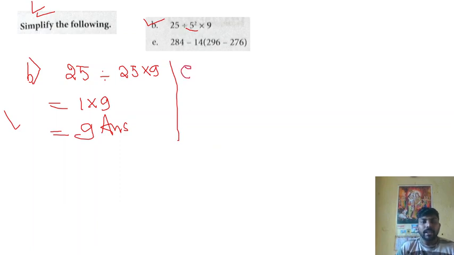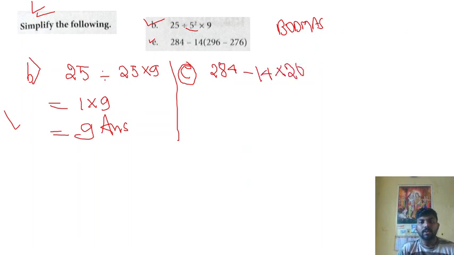Now question number E I am talking about. In question number E, you can see 284 minus 14, and in the parenthesis it is given 296 minus 276. According to the BODMAS rule, as the bracket is there, we proceed with the bracket. So I am writing 284 minus 14 into 20, because after subtracting 276 from 296 we are getting 20.